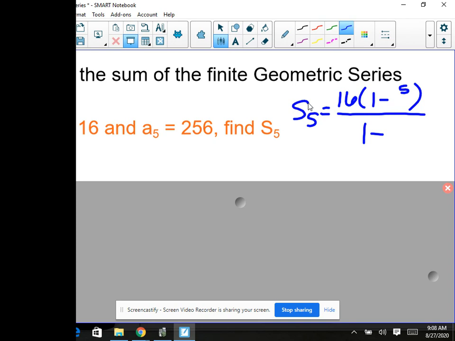It doesn't matter, okay? So let's say I want to know what my common ratio is by using this 5th term here. So 256 is equal to my first term, and then r raised to the 5 minus 1. Go ahead and figure out what our common ratio is.